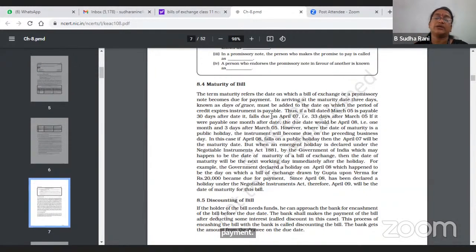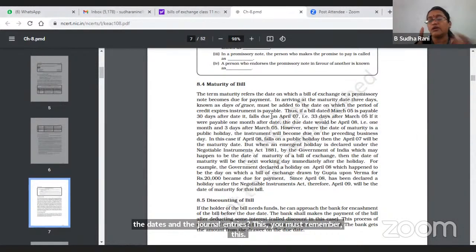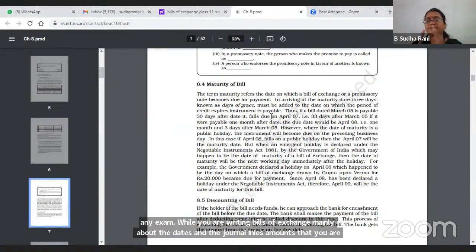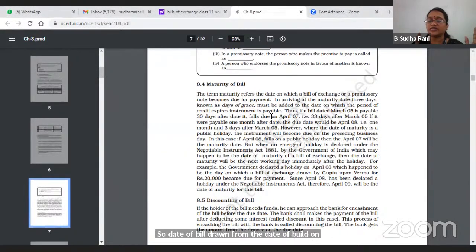You must remember this. In your exam, while you are writing bills of exchange, mainly watch the dates, the journal entries, and the amounts that you are going to write. From the date the bill is drawn, if it is for 3 months, you should take 3 months plus 3 grace days. Say, for example, today is May 5th.